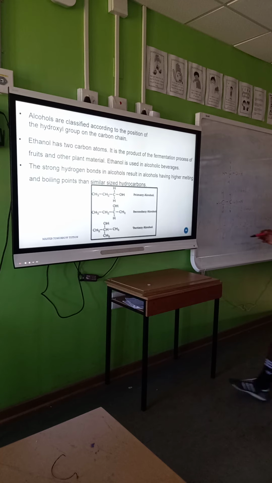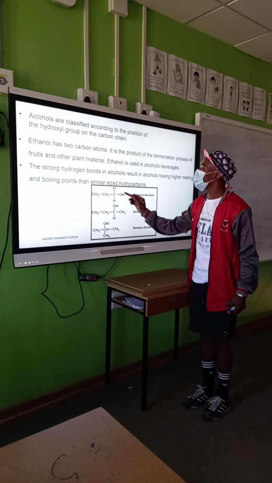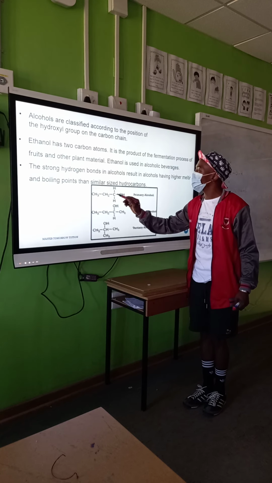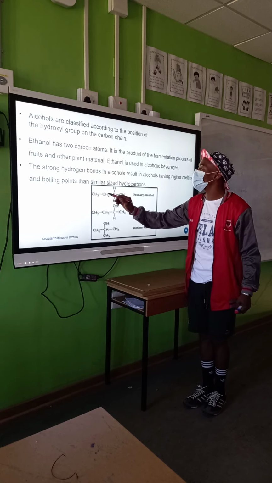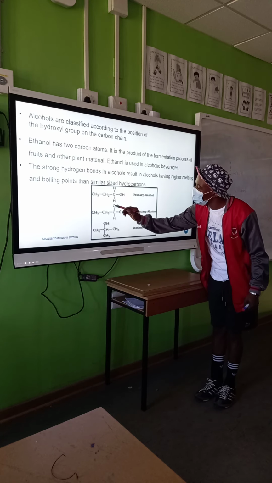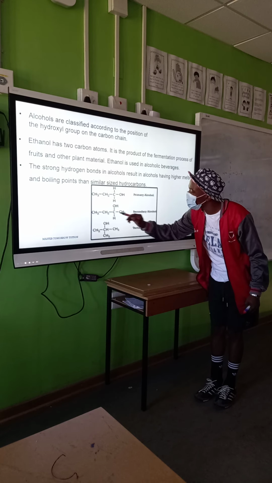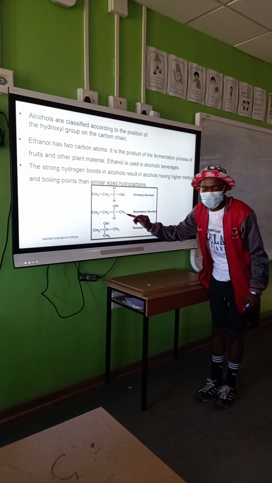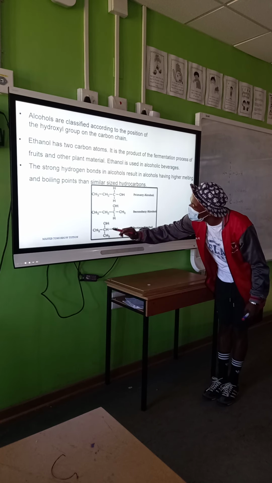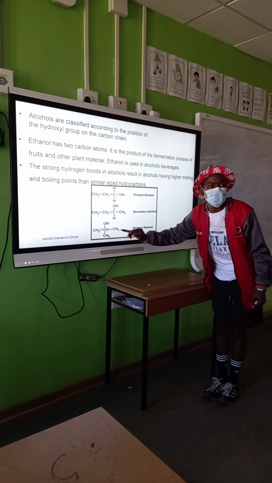Something to note here. This OH is bonded to carbon, and that carbon is bonded to only one other carbon. If you check here, the OH is bonded to carbon that is bonded with two other carbons. Here, the OH is bonded with carbon that is bonded with how many? 3 carbons.